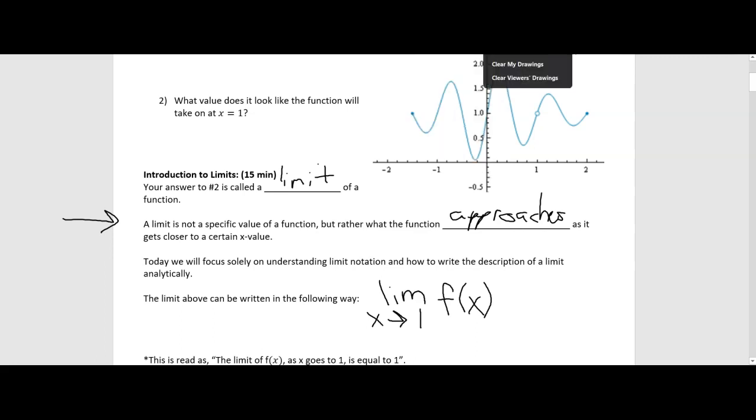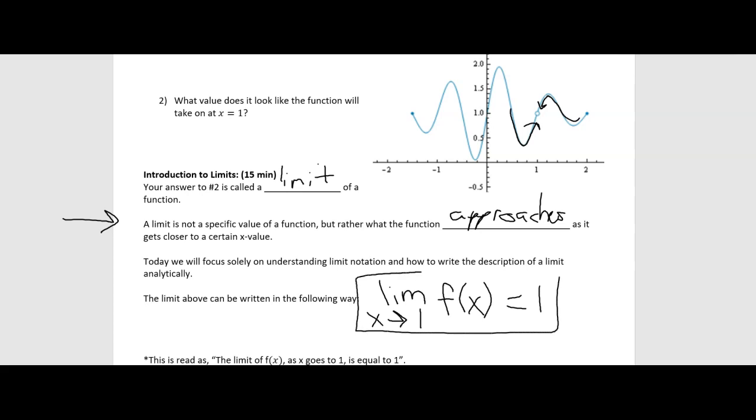And then you're going to put whatever it equals. In this case, because the function was approaching the same value from both sides, this limit was equal to 1. Okay, you can read this in two ways. You can read it the limit of f of x as x approaches 1 is equal to 1.